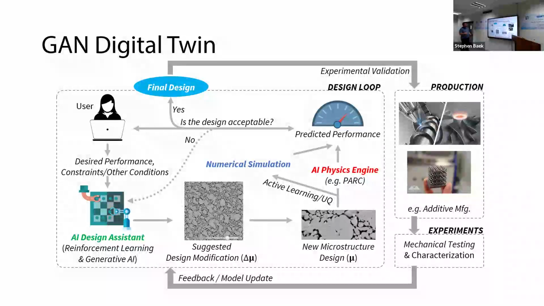Starting from there, we use things like Park or neural operator or other AI-based physics engines to make a prediction of the performance, what the system response is going to be. That goes back and is compared against user-specified design constraints and design performance. And then based off of this predicted performance and the desired performance, things like reinforcement learning, which is something that we haven't covered in this course, come in.